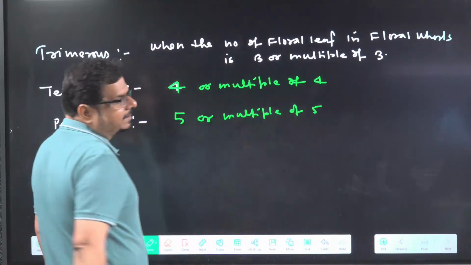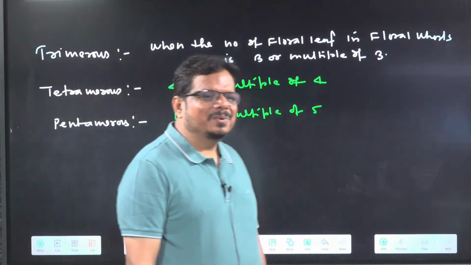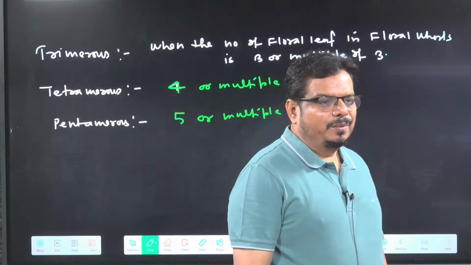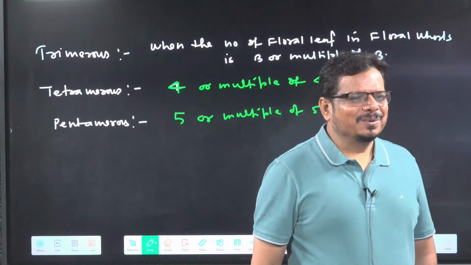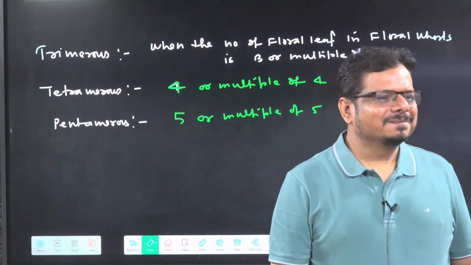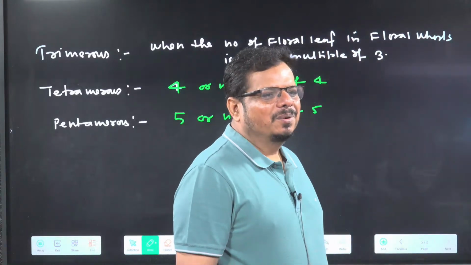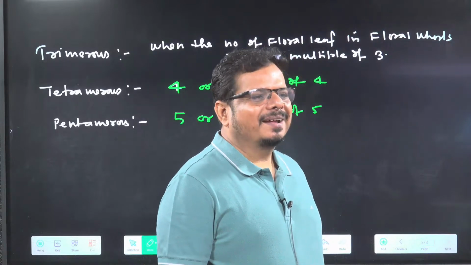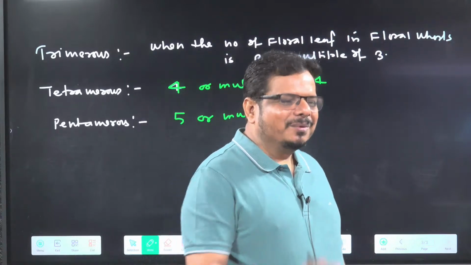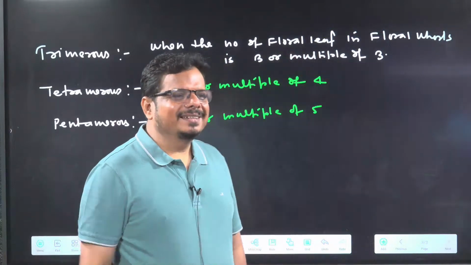Now a student asks a beautiful question: sir, if 12 is there, trimerous or tetramerous? If 12 is there, 3 fours are 12, 4 threes are 12. So you tell me, trimerous or tetramerous. We have to see the other whorl also. Getting the things or not?